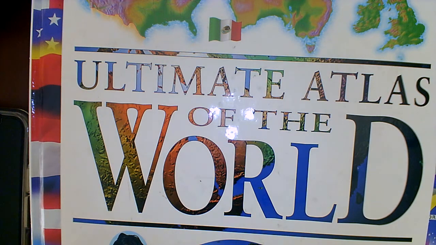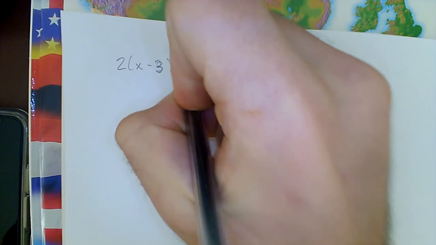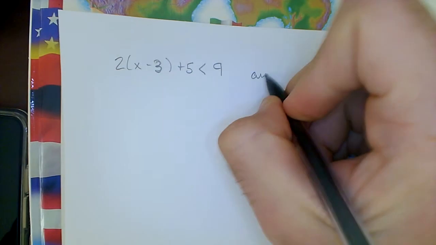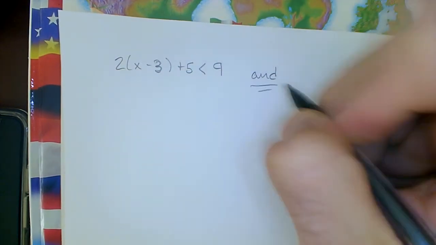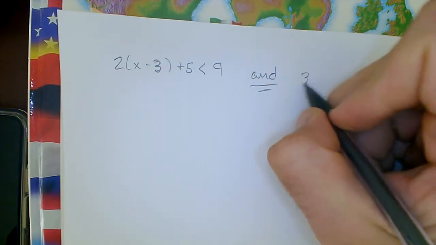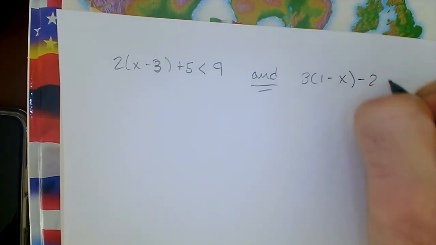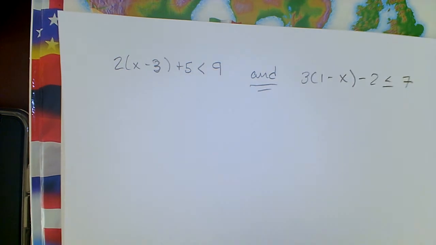Talking about the "and" inequality here, an example is 2x minus 3 plus 5 is less than 9, and, rather than "or" here, 3 times 1 minus x minus 2 is less than or equal to 7.